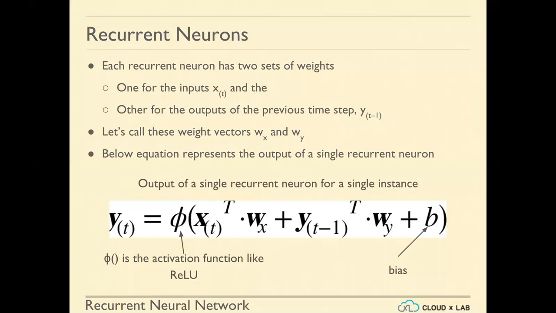A question from Binta is how to create weight vectors Wx and Wy. Wx and Wy we will initialize with certain random values initially, and then we'll see how far we are from the actual, and then we will tweak these values. We will keep on tweaking these values in order to achieve the expected output.